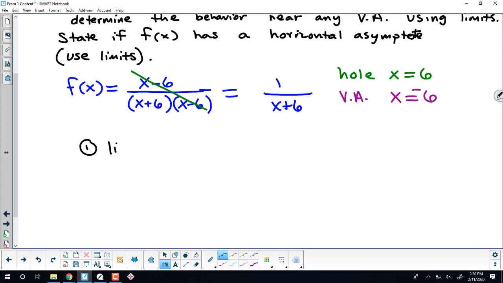We're going to compute the limit as x approaches our removable discontinuity, the limit as x approaches 6. It's your choice whether you want to write out the original function or just the simplified version. I don't know that this first step that I've written down is absolutely necessary because you've already factored and simplified.